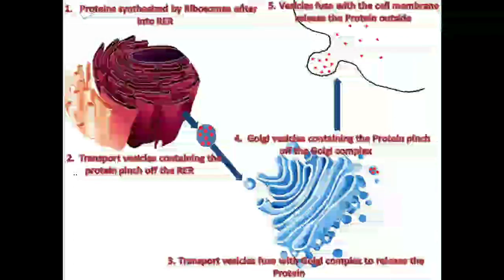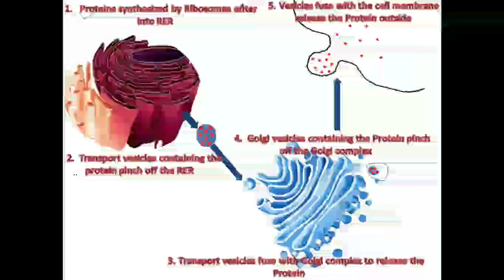Now, the Golgi complex processes these proteins and encloses them into vesicles known as Golgi vesicles. These are the Golgi vesicles, which contain the enclosed protein, and these vesicles then pinch off the Golgi complex and move towards the cell membrane or plasma membrane.